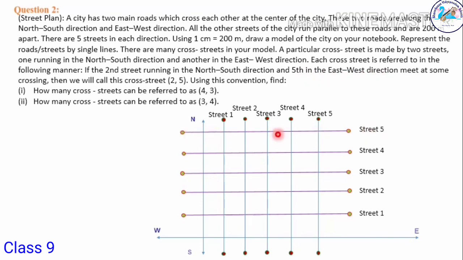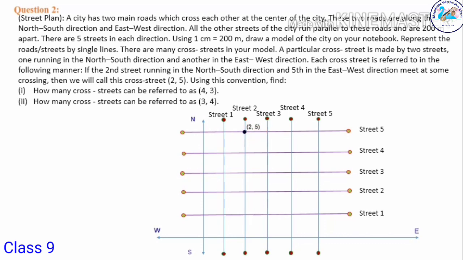They meet at some crossing, and we call this crossing 2-5. Here street number 2 road is this one and street number 5 road is this one. They are meeting at a particular point, that is this one. So we can read this as 2-5, or simply in coordinate geometry we can read it as the ordered pair 2-5.